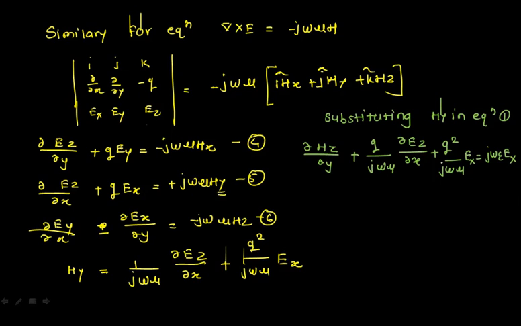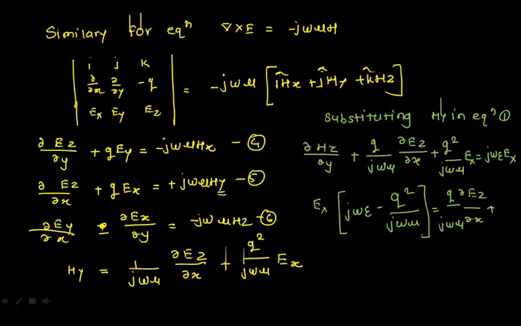So I have put this value. Now I'll just take this term to this side to get Ex common. So Ex(jωε minus γ²/jωμ) is equal to γ/jωμ ∂Ez/∂x plus ∂Hz/∂y. So I have got this particular equation.